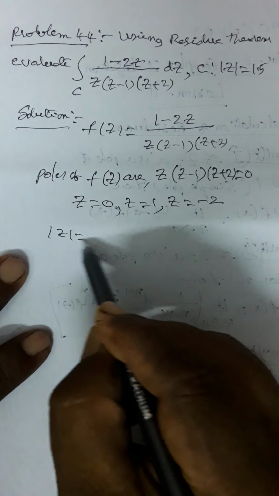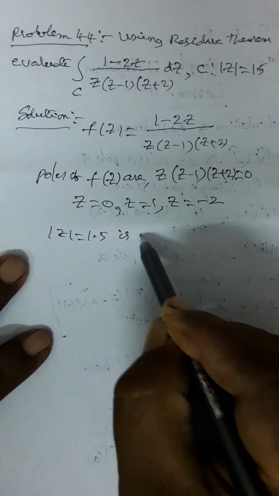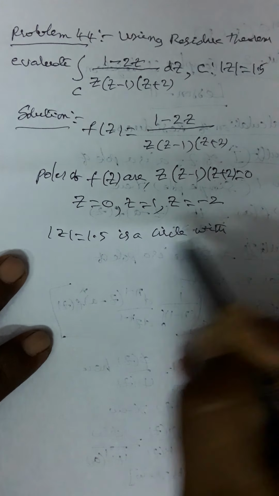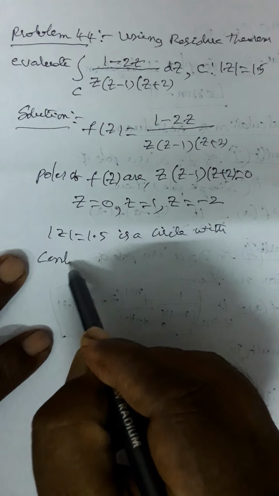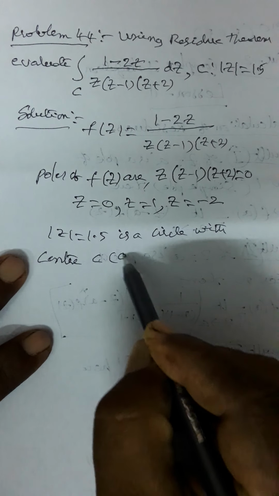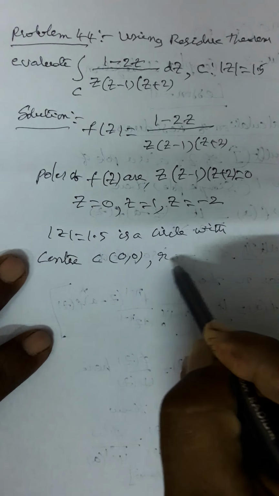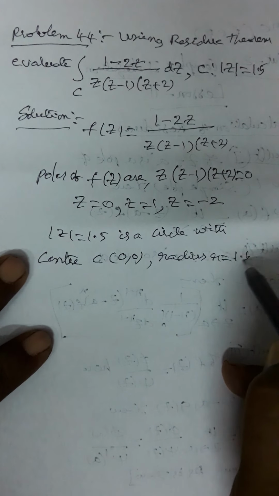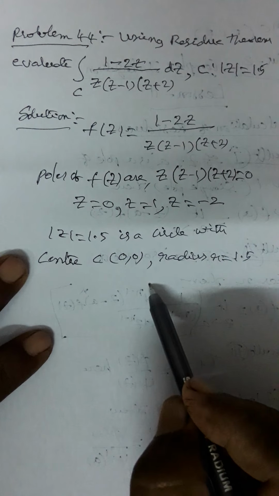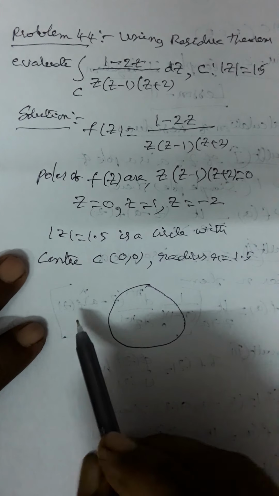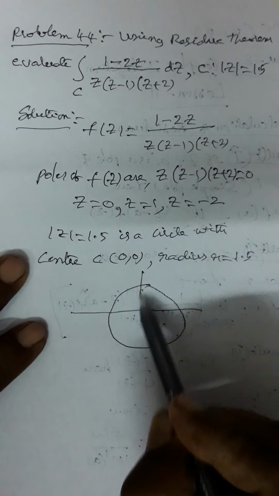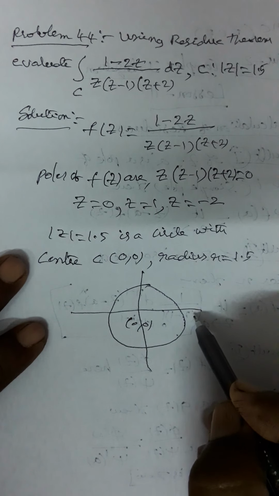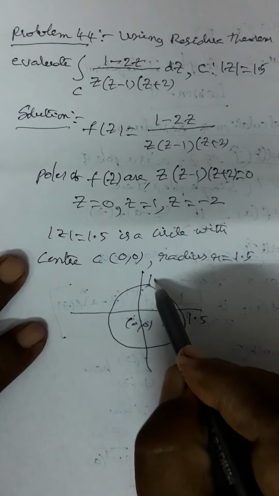Mod z is equal to 1.5 is a circle with center C (0, 0), radius r is equal to 1.5. Diagram. Center (0, 0), radius 1.5.